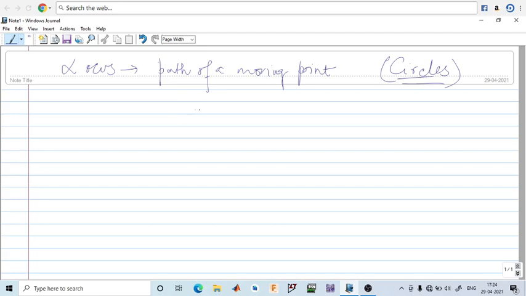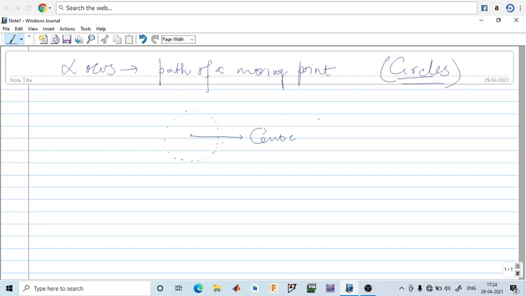Suppose a path of a moving point like this, which is equidistant from a single point. This single point is known as the center, right?